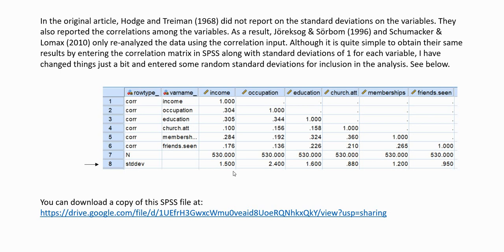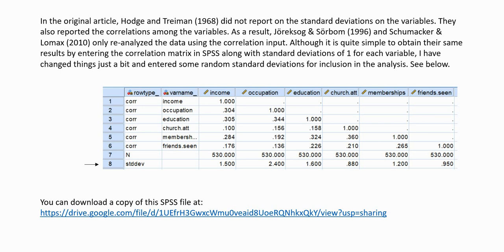In the original article by Hodge and Treiman, and also then picked up by Jöreskog and Sörbom, only correlations were provided for our variables.